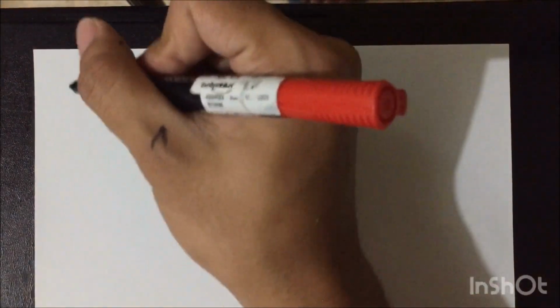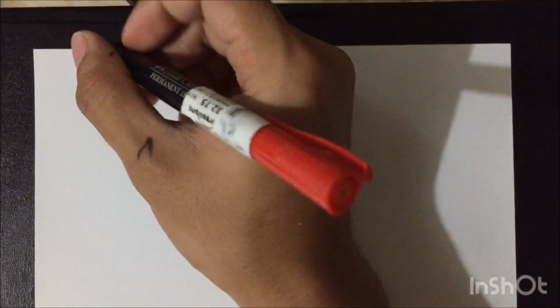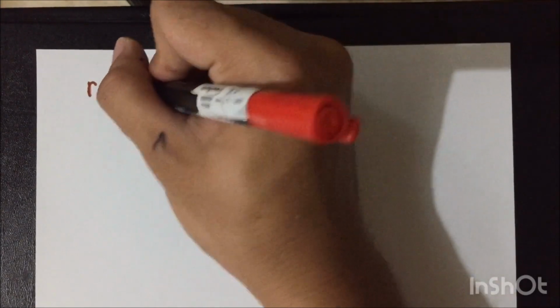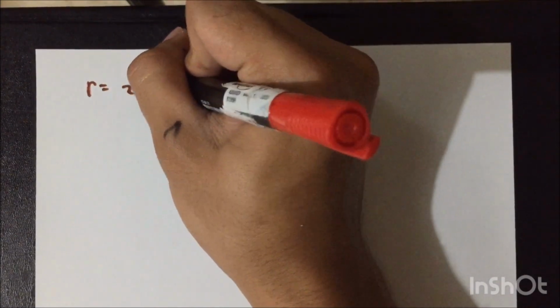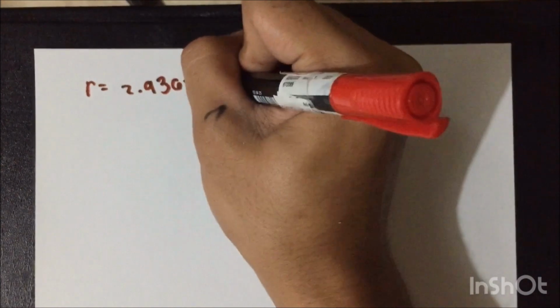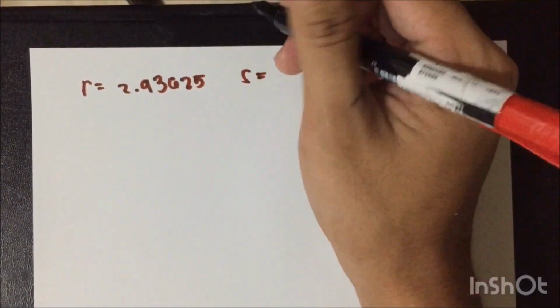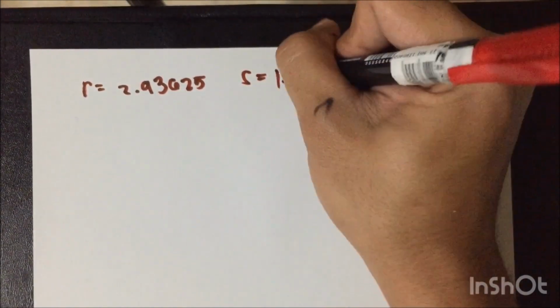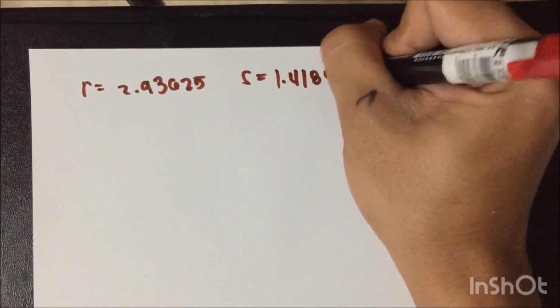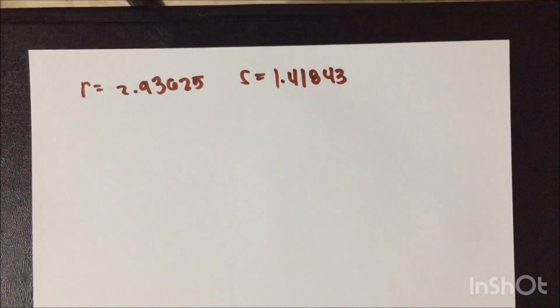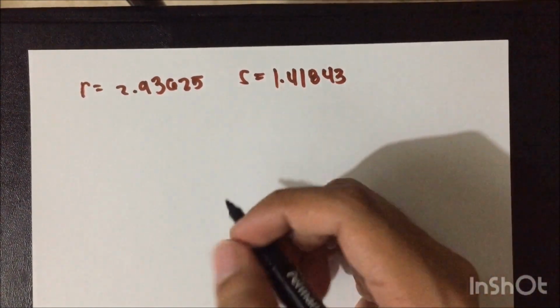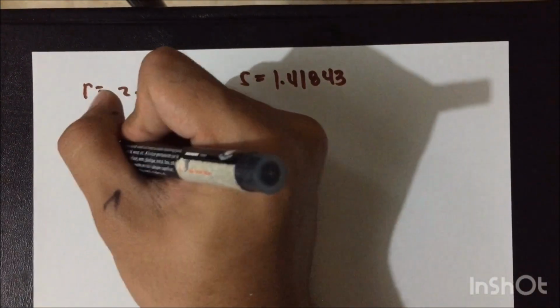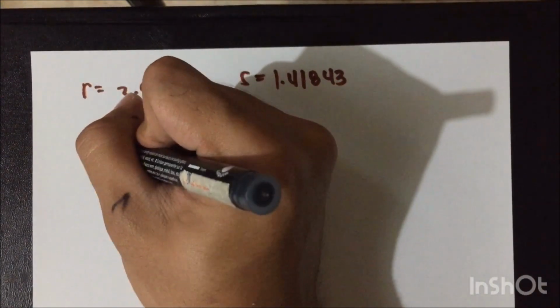So, ito ang panibagong value natin ng R, which is 2.93625, at panibagong value ng S, which is 1.41843. So, prove na naman natin yung stopping criterion.